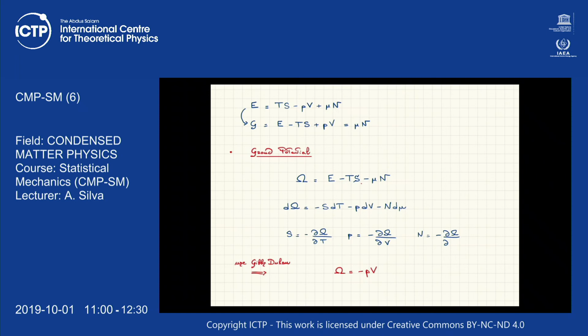This is indeed the point where the connection between statistical mechanics and thermodynamics comes in the grand canonical ensemble. The grand canonical ensemble is very useful if you want to directly compute the equation of state.